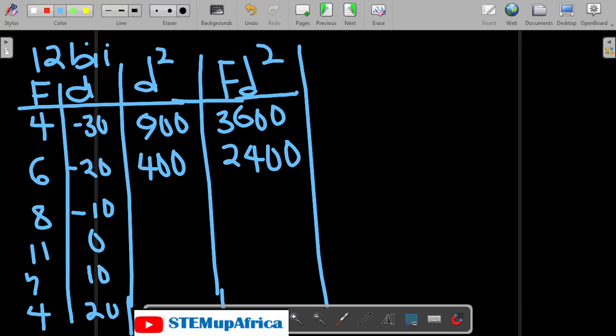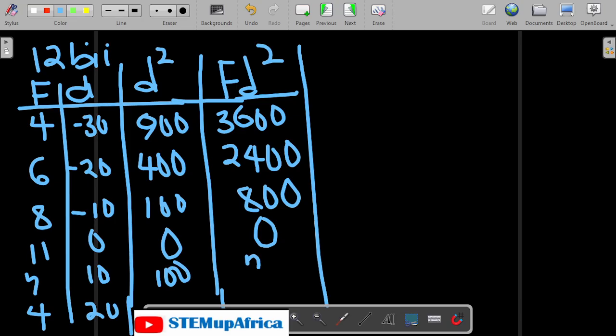Then minus 10 squared is 100. 8 times 100 gives us 800. 0 squared is 0, and 11 times 0 is 0. 10 squared is 100, times 7 gives us 700. 20 squared again is 400, times 4 gives us 1,600, not 800. 4 times 4 is 16.